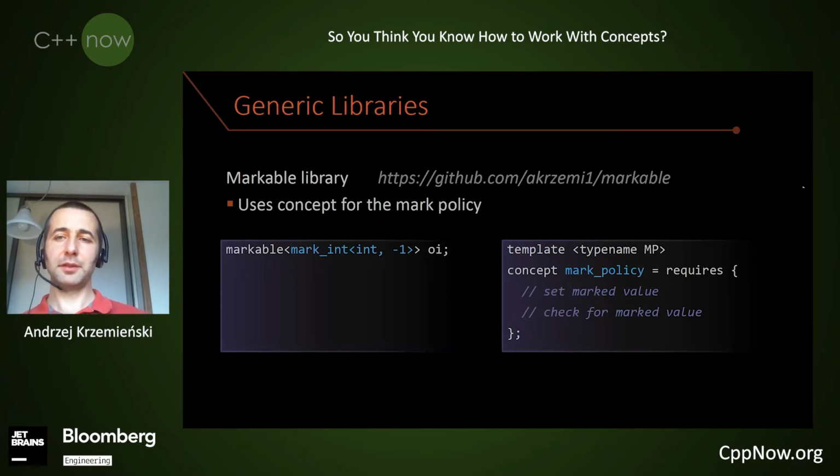So if you want to store an optional int, and you can spare some value like -1, I can store the flag inside your T, like inside your int, but you have to teach my library how to actually recognize the special value. And for this, you have to pass me a policy. A policy is something that I always require, that has a way to set this special marked value and to check whether the special value is there.